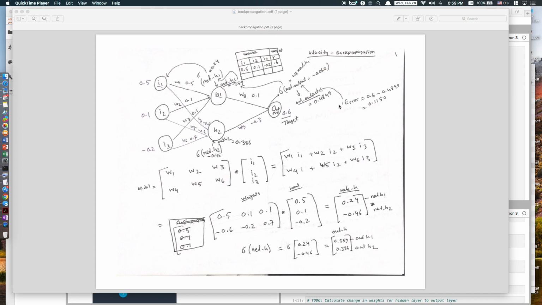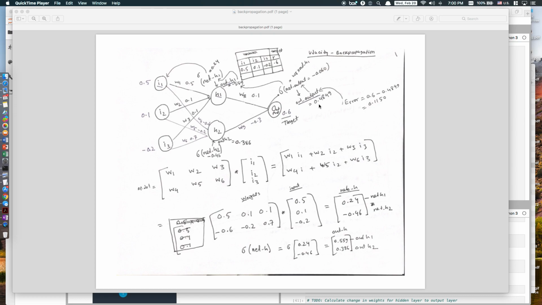This is called the error term for output: error into the derivative of this. If we multiply h1, this value, with this multiplication value, we will get a value that will be subtracted from the w8 value.